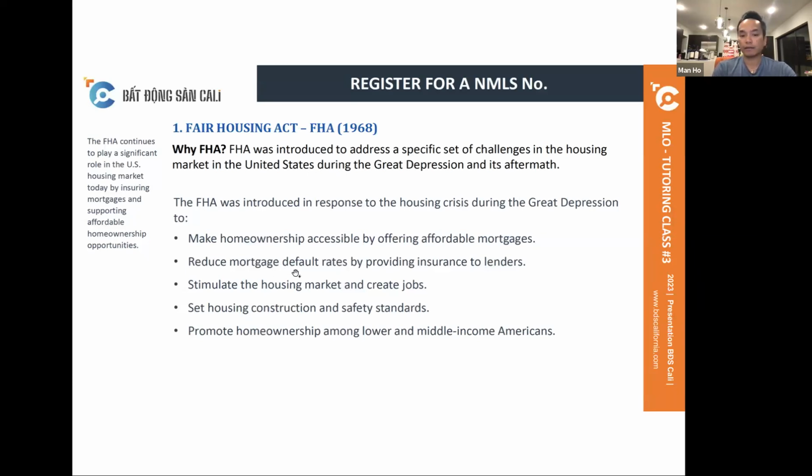It reduced the mortgage default rates by providing insurance to lenders, stimulated the housing market and created jobs, set housing construction and safety standards, and promoted home ownership among lower and middle income Americans. So that's why they created this act in 1968.